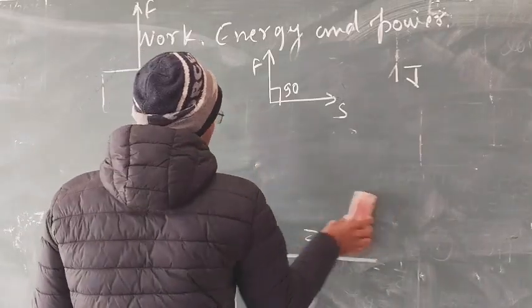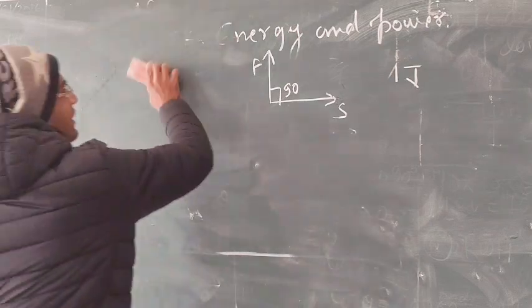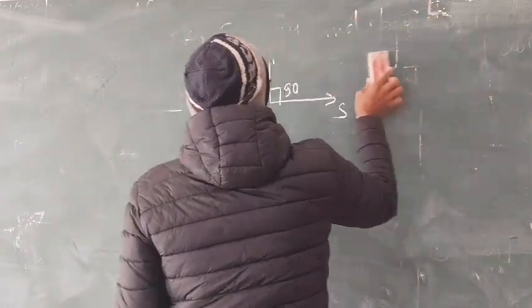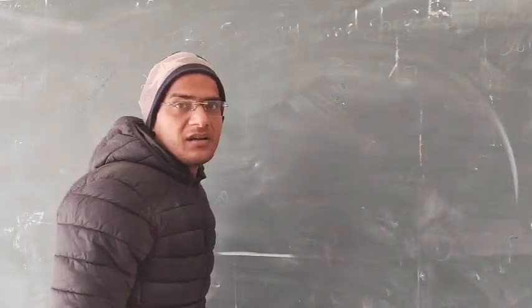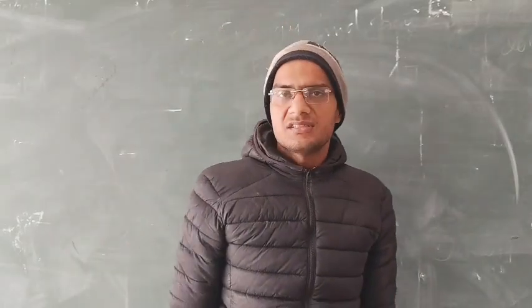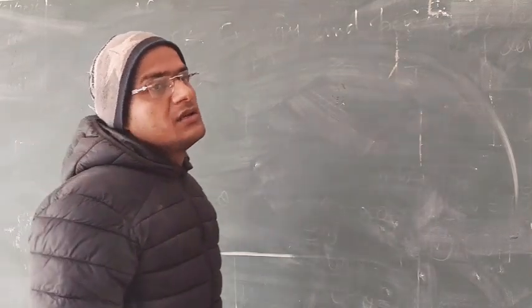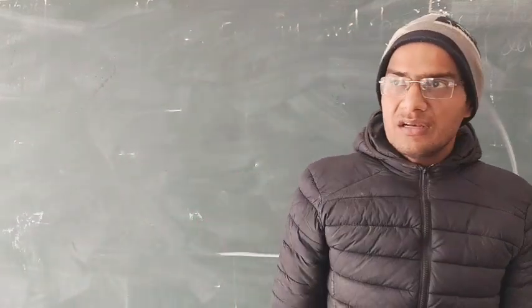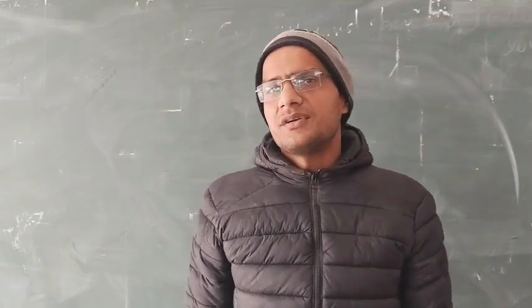If any system has a capacity of doing work, then we say that it has energy. The energy is a scalar quantity and its SI unit is the joule. Energy can be classified into many types such as kinetic energy, potential energy, chemical energy, electrical energy, mechanical energy. These are the different forms of energy.